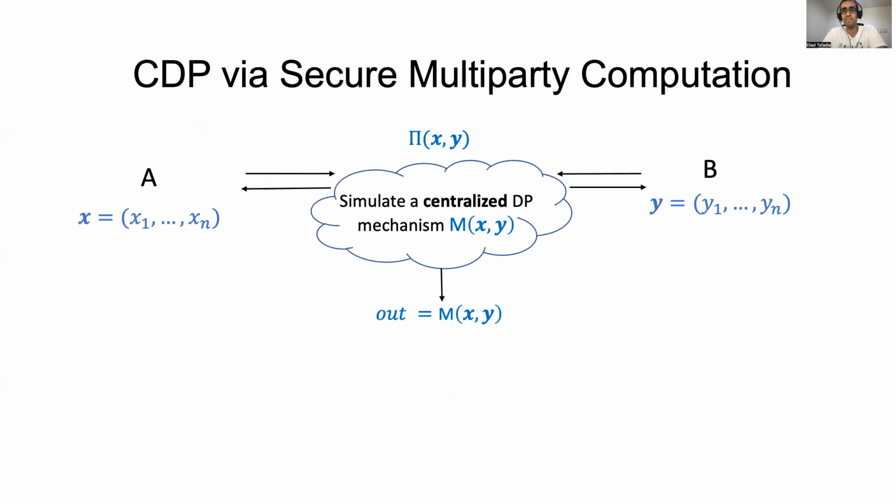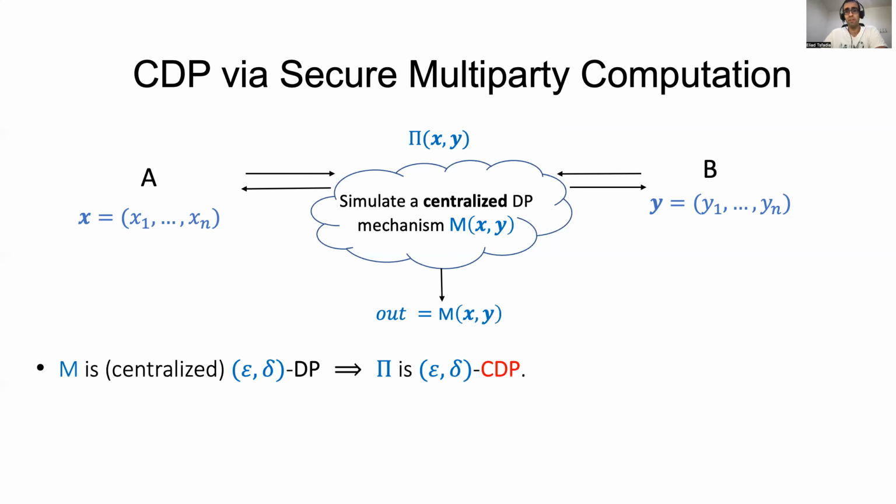Namely, the parties can simply simulate a centralized mechanism M using secure multi-party computation, and the output of the protocol will be just the output of the simulated M. Using this scheme, it follows that if M is a centralized (epsilon, delta) DP, then the protocol pi is (epsilon, delta) CDP.